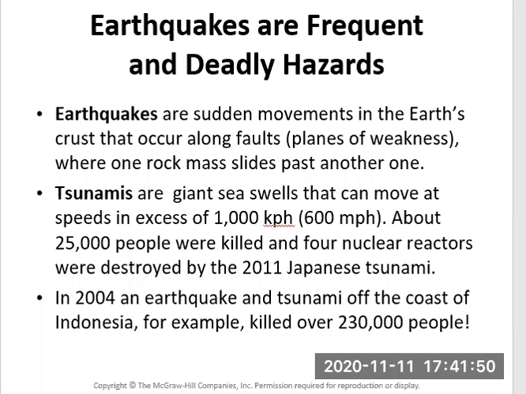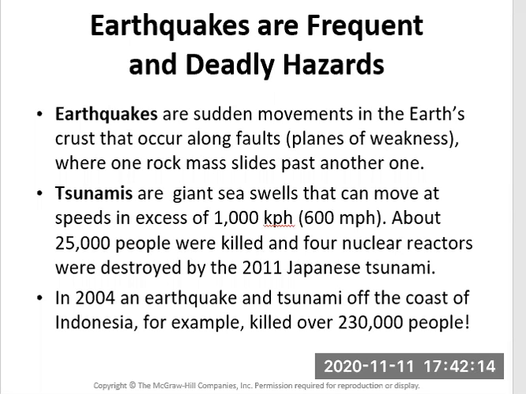One of the most notorious effects of earthquakes is the tsunami. These giant swells, sometimes called tidal waves, such as the one that struck Japan in 2011, can move at 1,000 kilometers per hour or 600 miles per hour or faster away from the center of an earthquake.